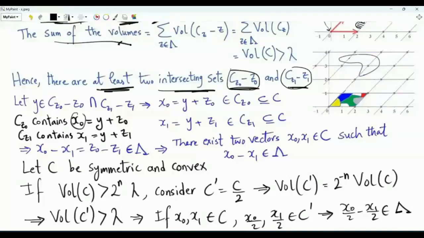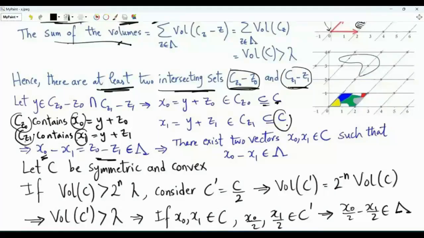So there must be an x0 in CZ0, and CZ0 is contained in C. And this x0 is y plus z0. There is also an x1 living in CZ1, which is part of the set C. So there is an x1 in C that is y plus z1. What if we take the difference? x0 minus x1 is z0 minus z1.